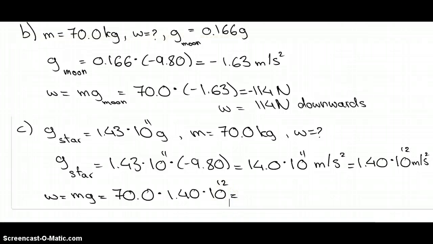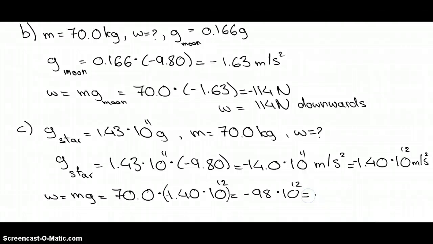And I multiply. Now if I want to write this number again properly in scientific notation, it will be 9.8 times 10 raised to the power of 13 newtons, where the weight is 9.8 times 10 raised to the power of 13 newtons downwards.